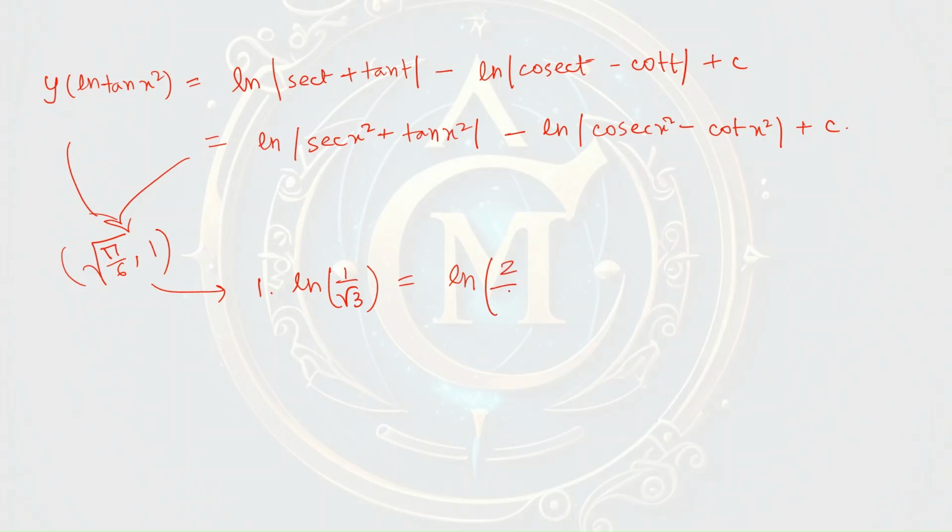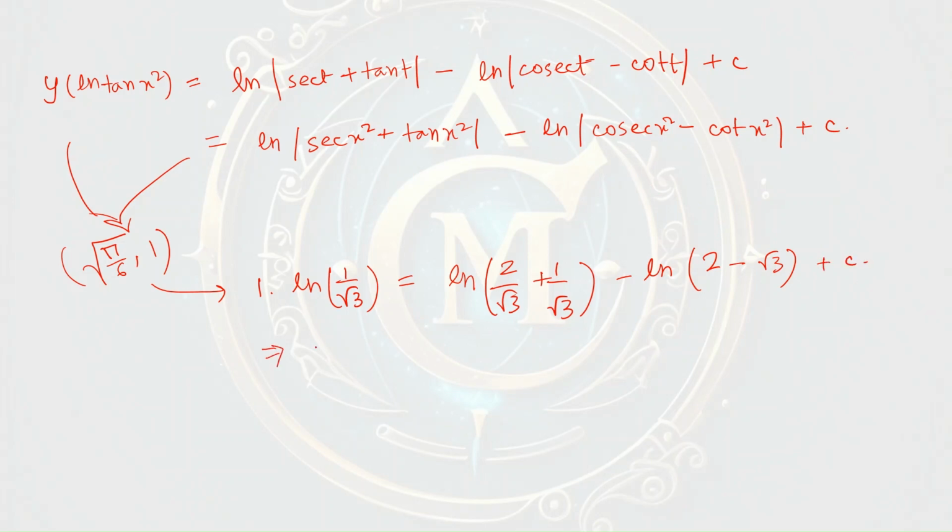So this becomes log of 2 by root 3 plus tan of x square becomes 1 by root 3, minus log of cosecant of x square, which is cosecant of pi by 6, so this becomes 2, minus cot of x square becomes root 3, plus c.